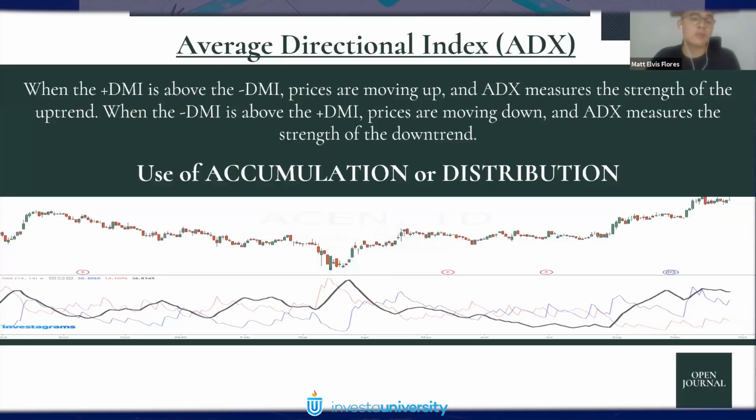Sometimes it is used as accumulation or distribution. I'll show that later. This is the indicator I use to identify capitulation as well, the capitulation strategy that we are teaching at Open Journal as well.